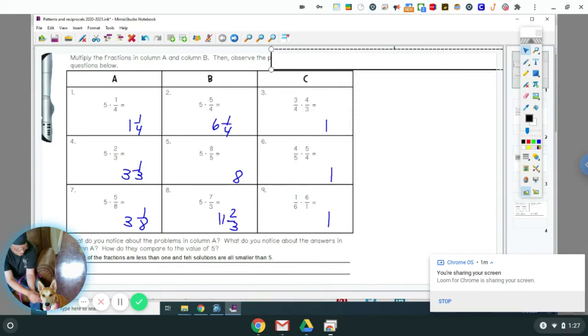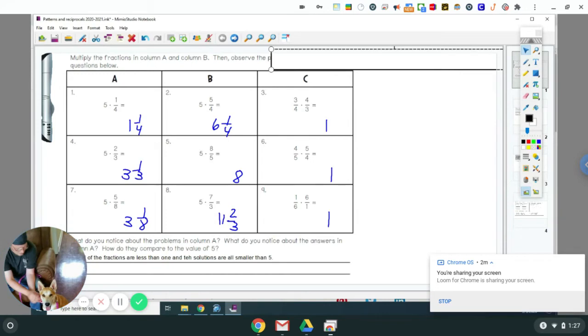So it says in A, all the fractions are less than 1, and the solutions are all smaller than 5. I mistyped. Since we multiplied the number 5 by a number less than 1, the answer became smaller.